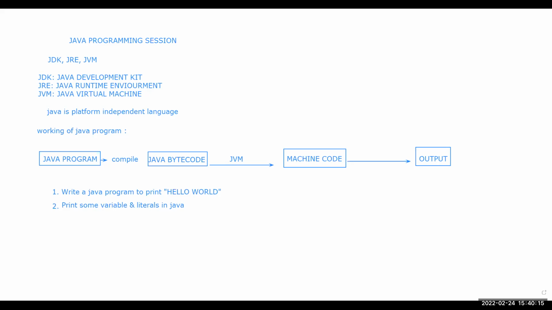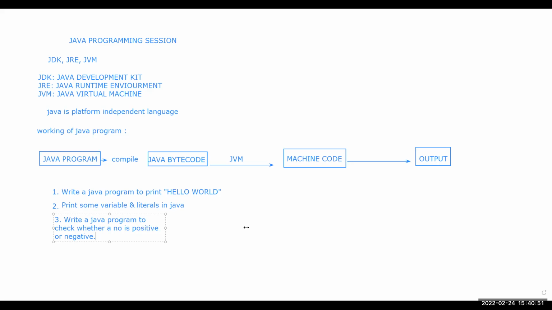My first program is to check whether a number is negative or positive, right? So first problem: write a Java program to check whether a number is positive or negative.